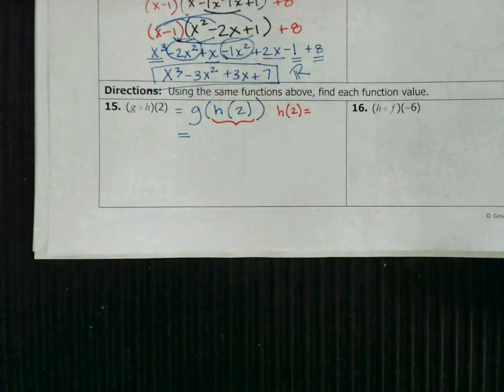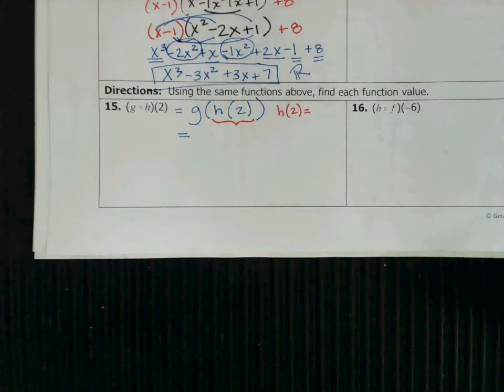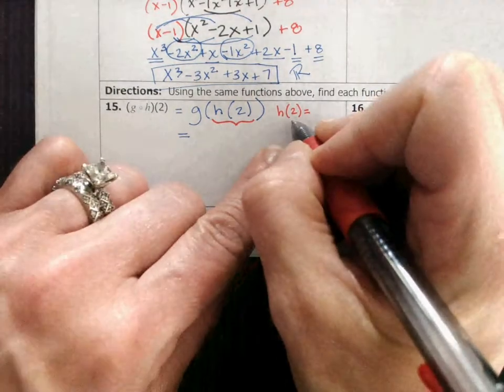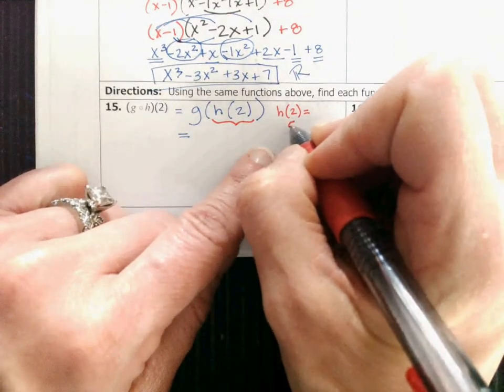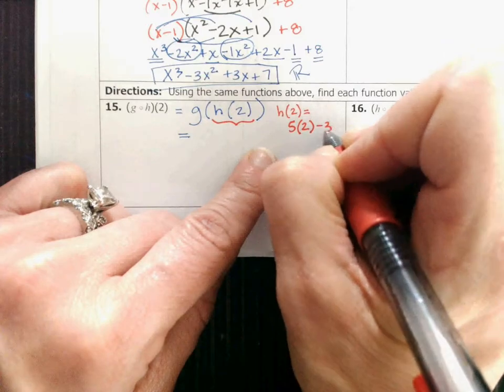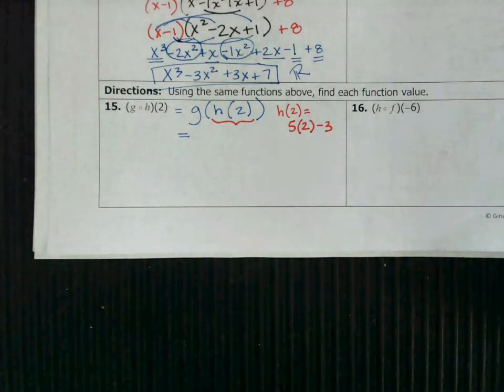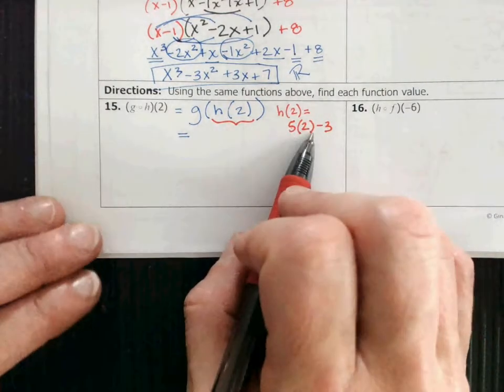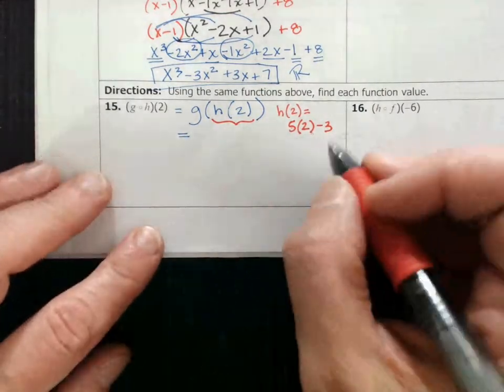So evaluate h at 2. So how would I do that? What would that be? 5 times 2 minus 3. And so you get 10 minus 3 is 7.